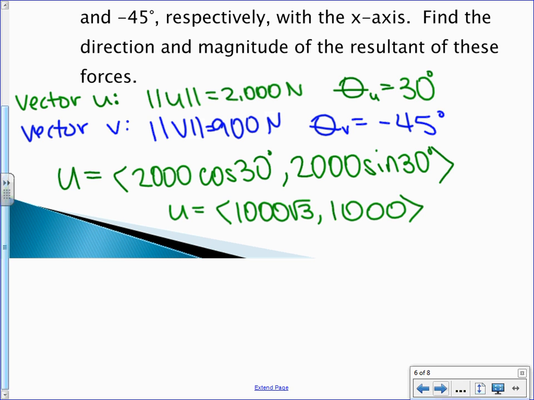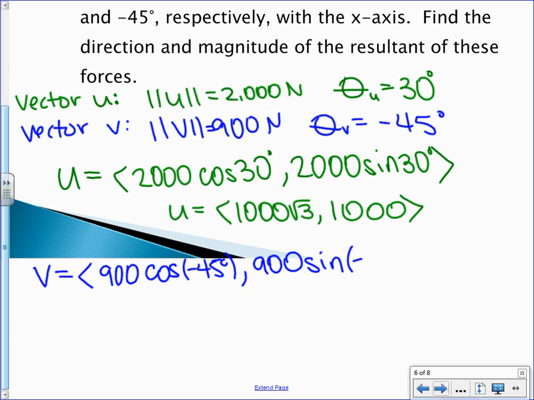Let's talk about vector v. So we have 900 times the cosine of negative 45 degrees, and then 900 times the sine of negative 45.